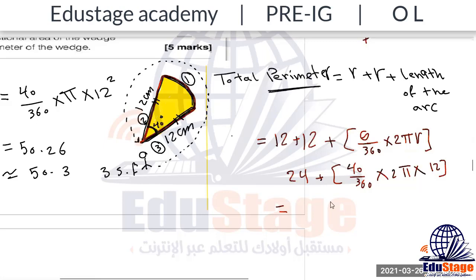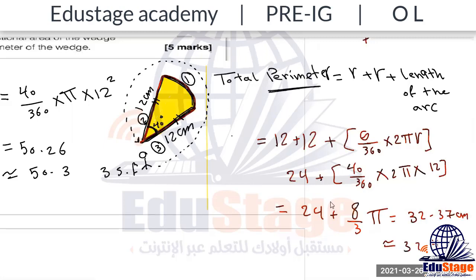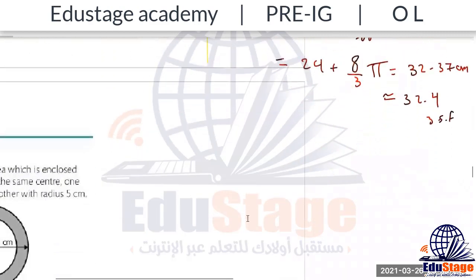It will be 24 plus, I think, 8.38, 8/3 pi, then it will be 32.37, sir. 32.37, or 32.4 to 3 significant figures. Okay, guys, you got it? Yes, very nice. Complete.